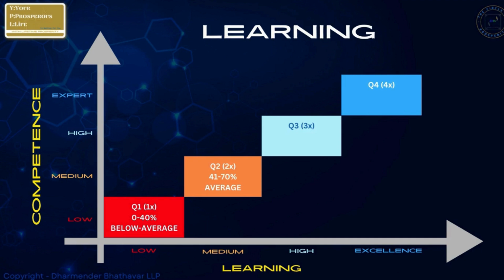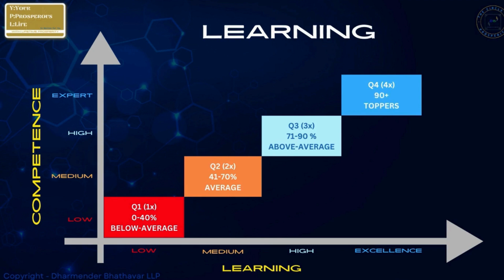The utilization factor here is 41 to 70% and hence can be considered for quadrant 2. Quadrant 3 is above average where their competency levels are high and their learning methodology is also high, and hence their scoring levels is around 71 to 90%, and hence they can be considered under the classification of above average, and hence they are placed in quadrant 3.